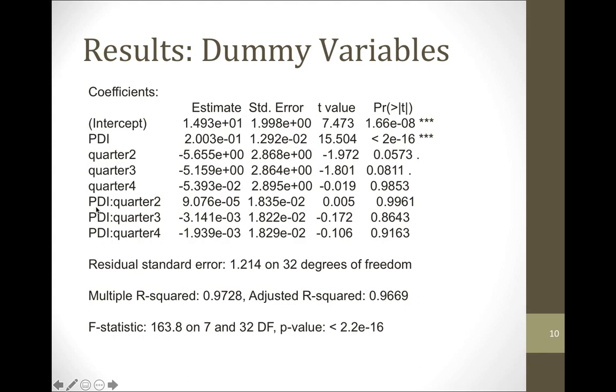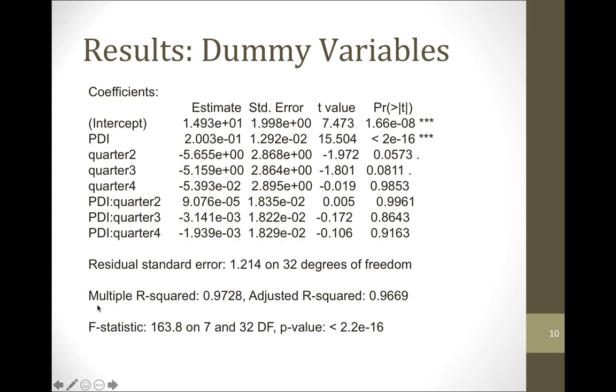And PDI column quarter 2, PDI column quarter 3, and PDI column quarter 4, those three variables indicate the interaction between PDI and the quarters. So you can see here, those are not significant either.